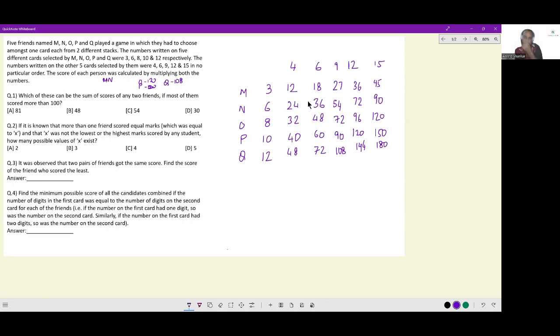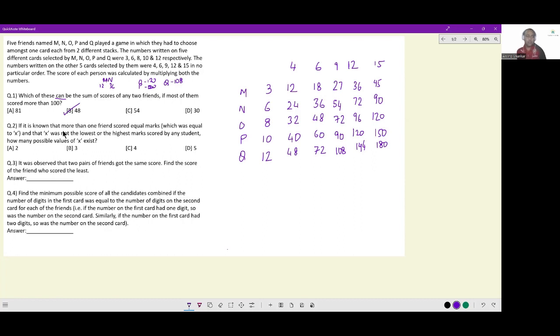The only columns left available for them are 4 and 6. So either we'll have 12 and 36 pairing up, or we'll have 24 and 18 pairing up. So the potential sums are 48 or 42. When they ask which of these can be the sum, the answer has to be either 48 or 42. When M is 12 and N is 36, that is when we get 48. So option B should be the answer.